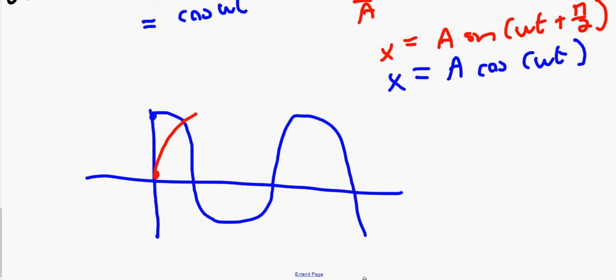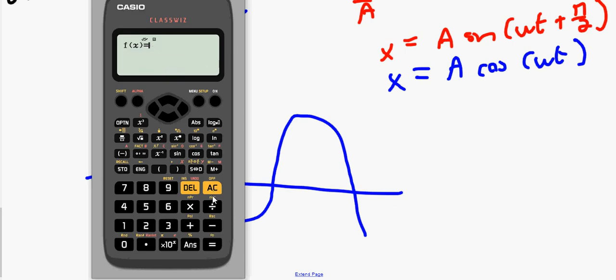One sec. Just going to verify what I'm thinking. Angle unit, I'm going to put in degrees. If my theory is correct, sine of x plus 90 is the same as cos x, and they should both be in the same phase as each other.